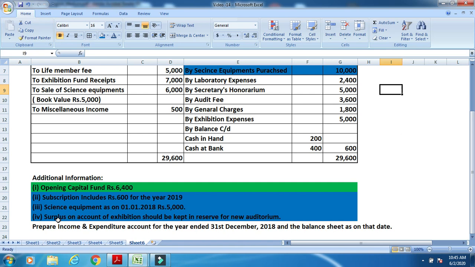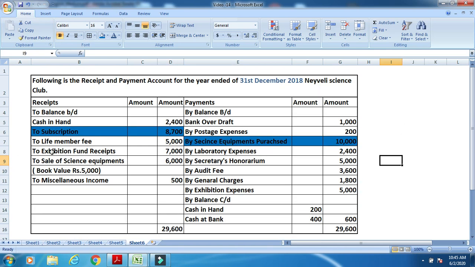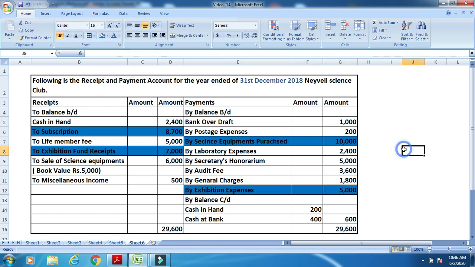Then they give the surplus on account of exhibition to be kept in reserve for the auditorium. Here the exhibition fund received is 7,000, and they give exhibition expenses. All the adjustments we highlighted in blue, because we have to consider them to prepare the income and expenditure account as well as the balance sheet.